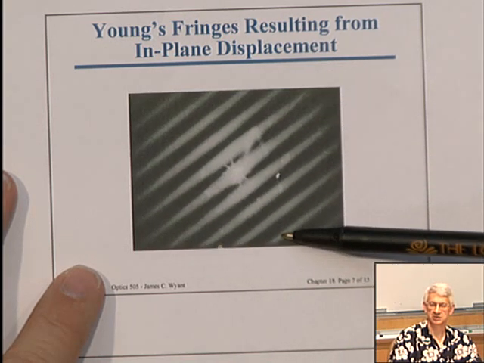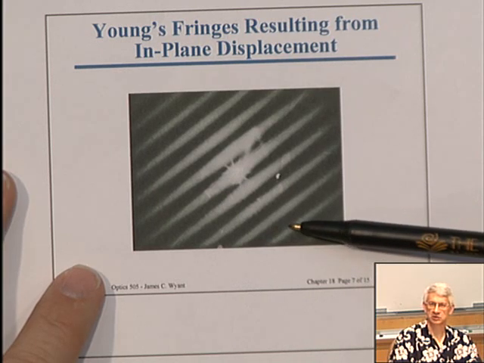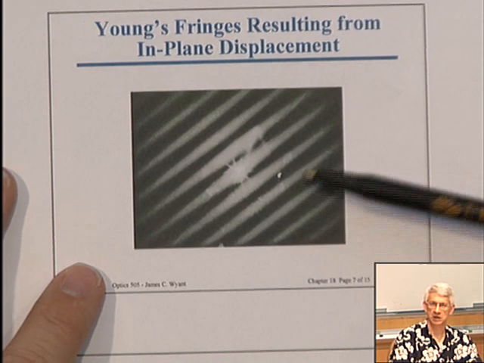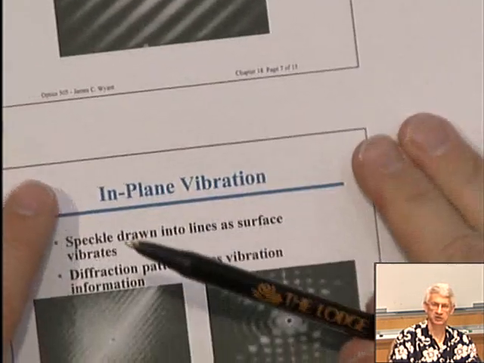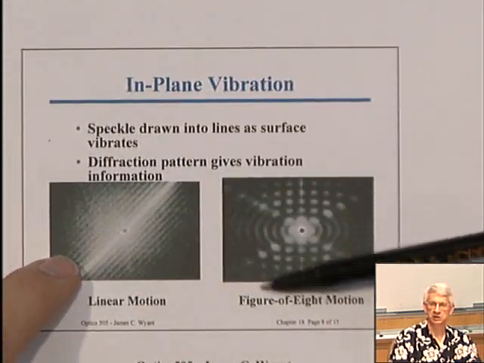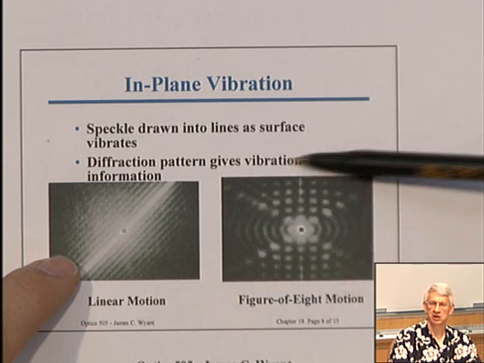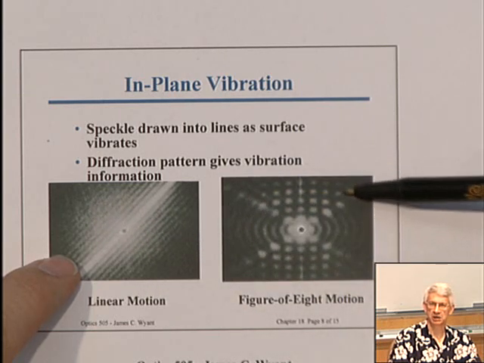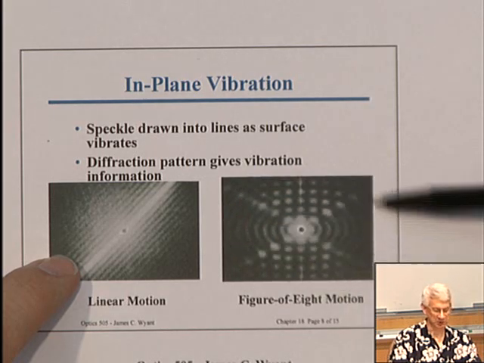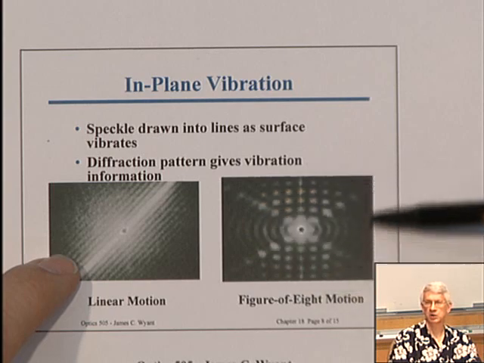And then when we displace the object, the little speckle patterns move slightly, producing the multitude of Young's double pinhole interferometers, and we get these straight line fringes. Well, instead of just displacing the object simply, like here is a linear motion, we can also do a vibration pattern, and we get these very interesting speckles according to the Fourier transform of the motion.